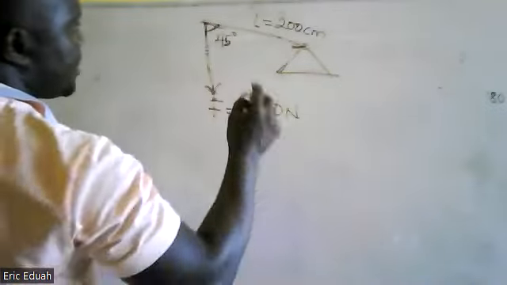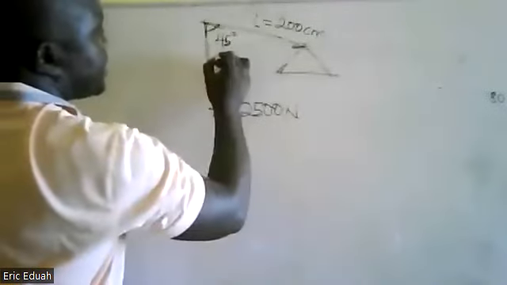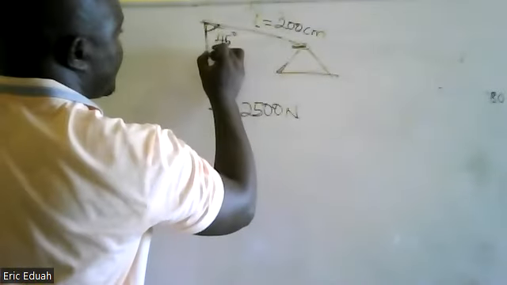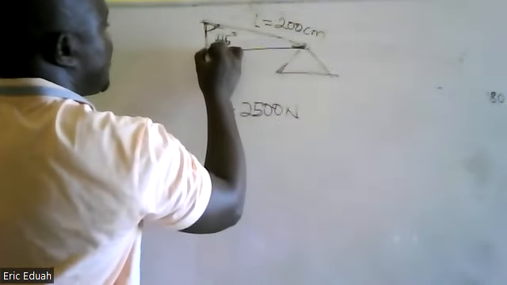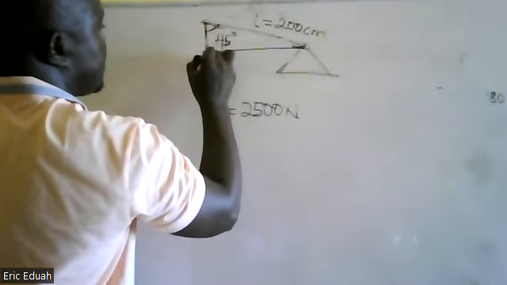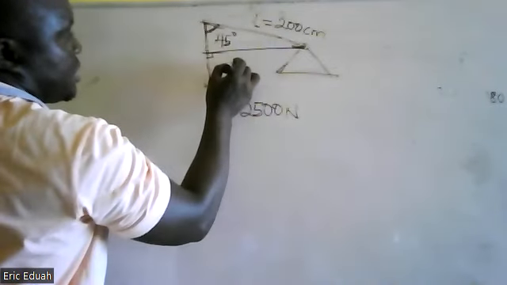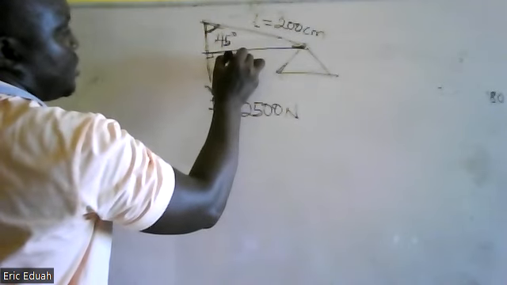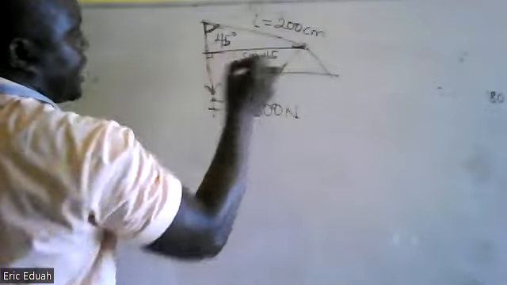So here, as I said, the length of the bar is a problem. So you find a component which is perpendicular to the force. And because of the angle given, this component will be L sine of 45.